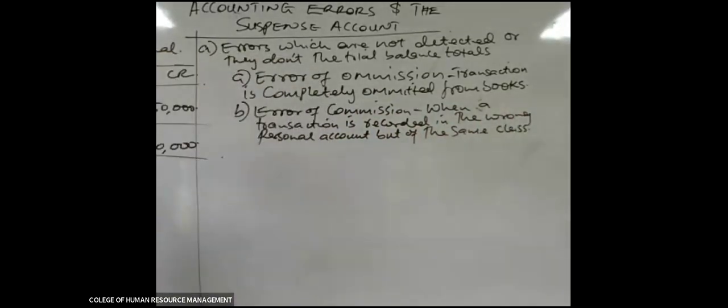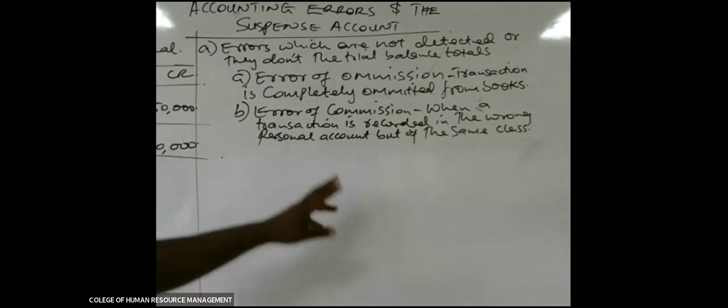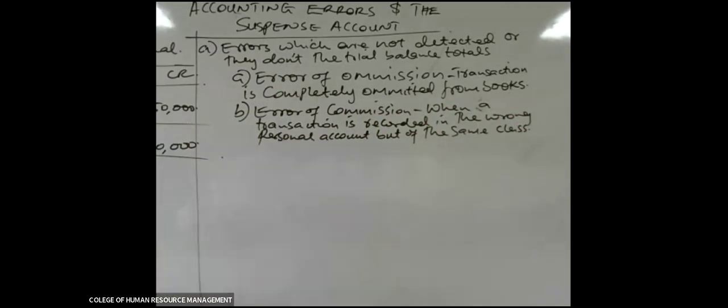It normally deals with the debtors and the creditors. You record a transaction in the wrong debtor or the wrong creditor. So it's known as the error of commission.